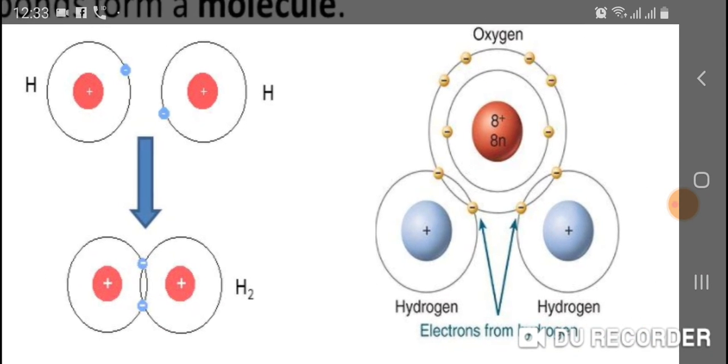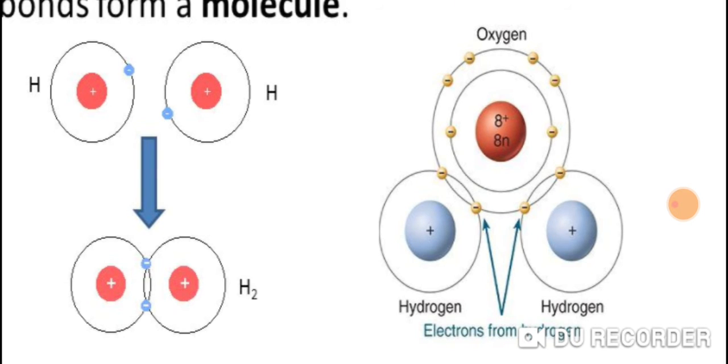Similarly, in the case of water H2O, oxygen has two electrons in its K shell and it needs 8 electrons in its L shell, whereas it has 6. So what will happen? Hydrogen atoms will share their one electron with the second shell of oxygen.